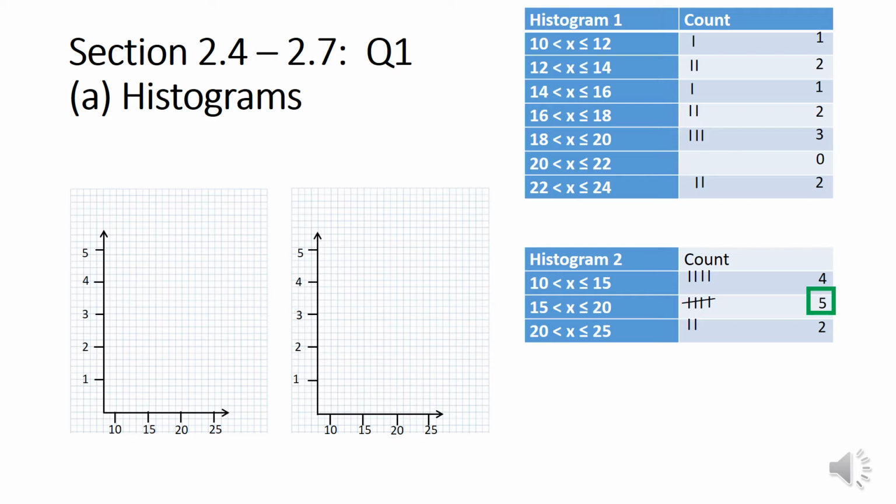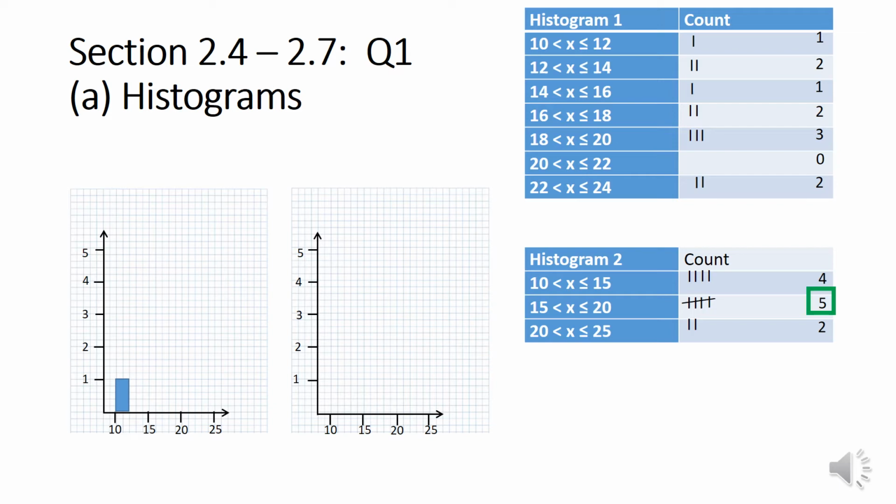Let's get started on histogram 1, so obviously the top table, and also we'll work on the graph on the left. The number of data values falling between 10 and 12 was just 1, so we can put that on our scale there, on our graph there.